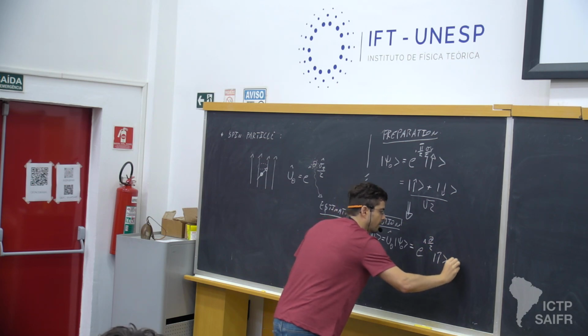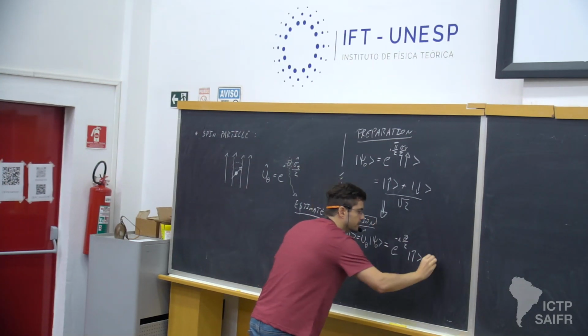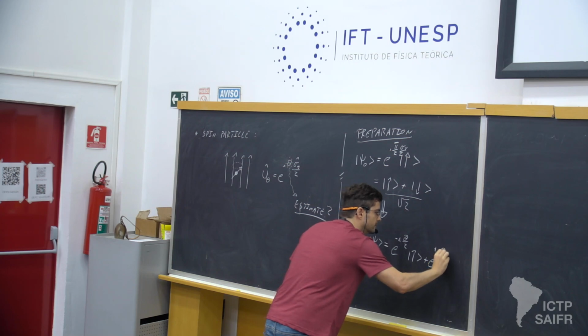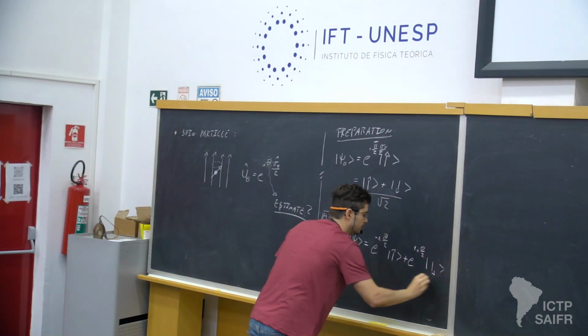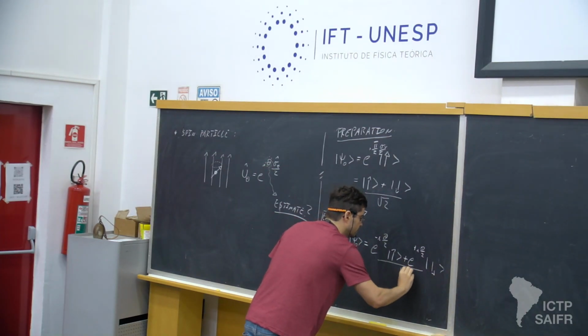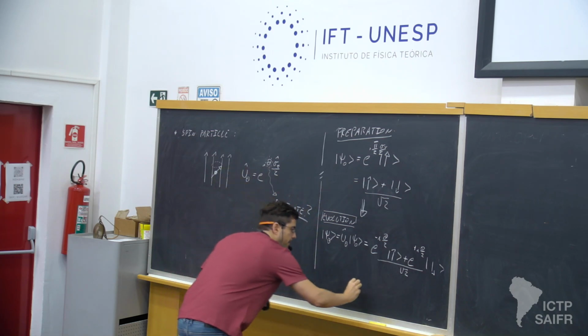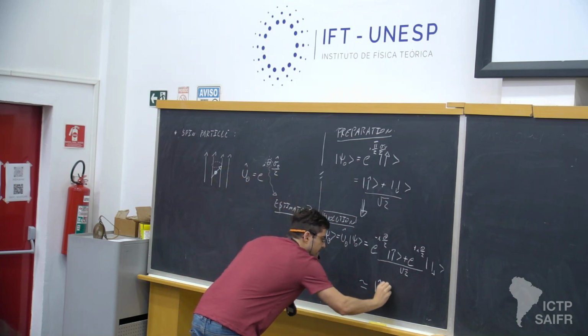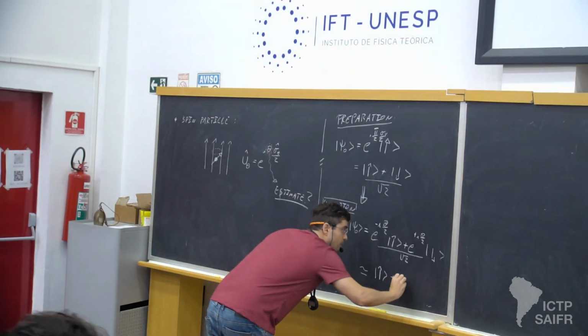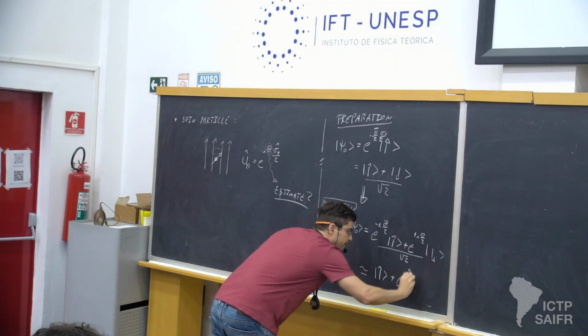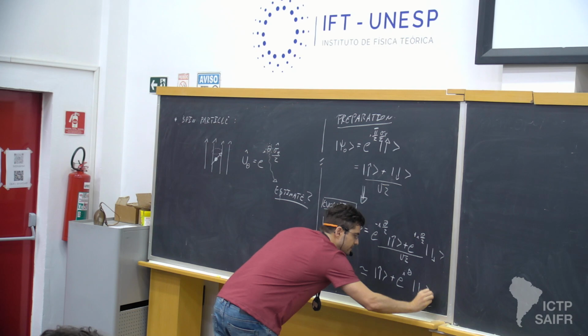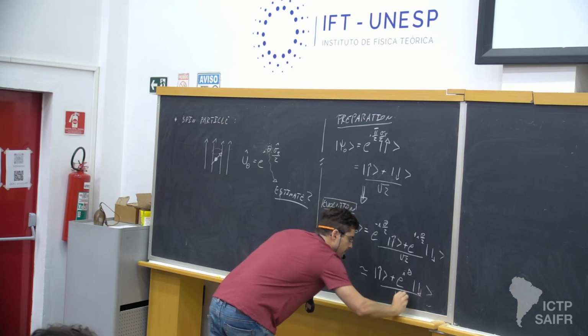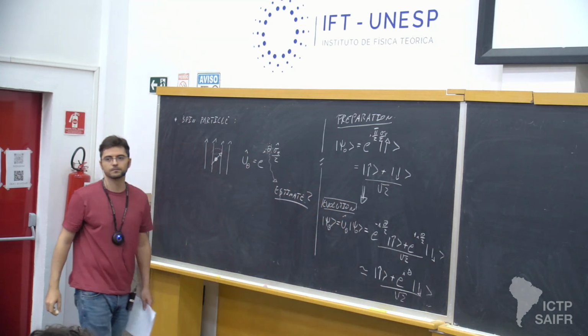And the spin is down, we get a phase plus theta over 2 pointing into the down direction, okay? So essentially, apart from a trivial global phase, the system now has encoded as a local phase the information about the theta that we want to measure, okay?